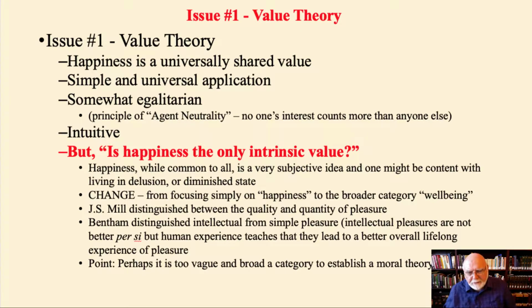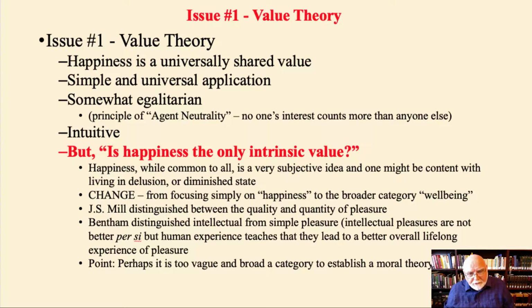It's similar whereas we have diminished states or diminished people. We have people who don't experience happiness in anywhere near the same qualitative way that the rest of the world does. So someone suggested change from the concept of happiness to the concept of well-being and focus more on the community's well-being than the specific individual.